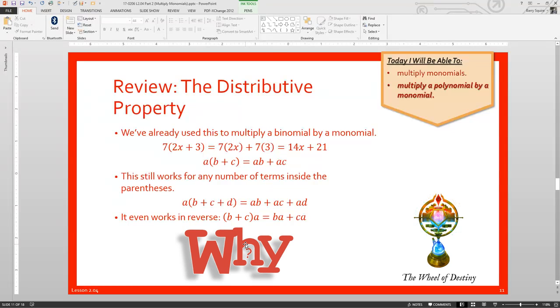Big question though is, why does it work this way? Why does it even work in reverse, for lack of a better word?